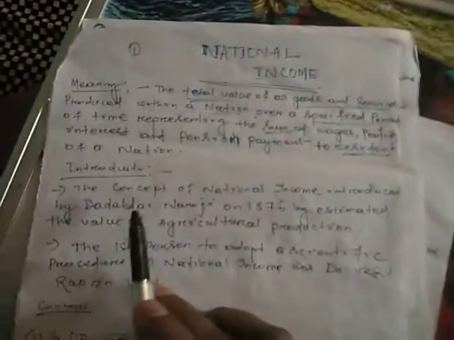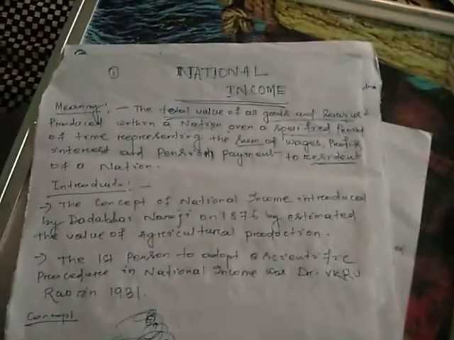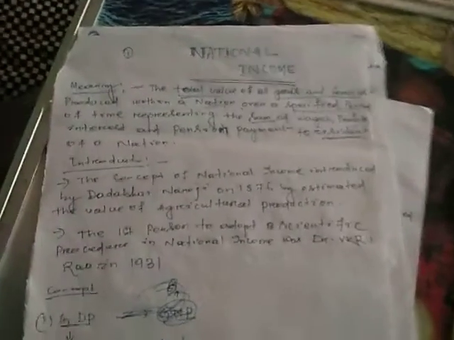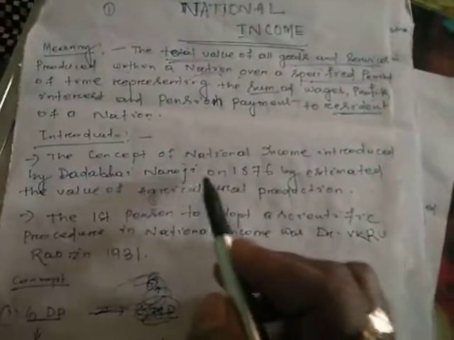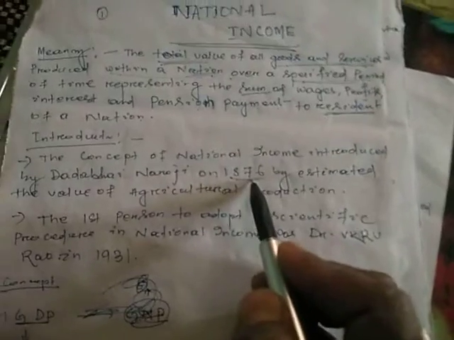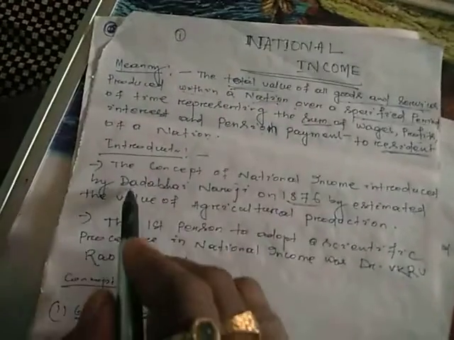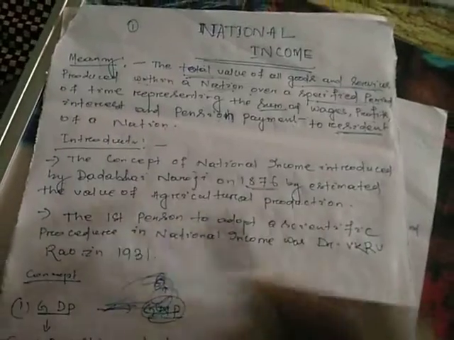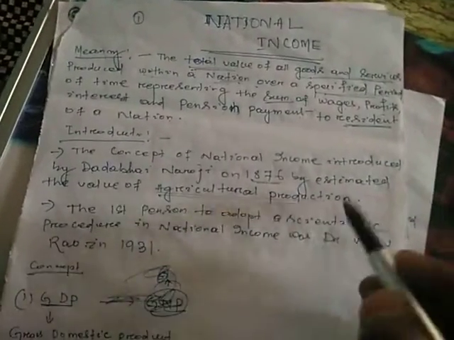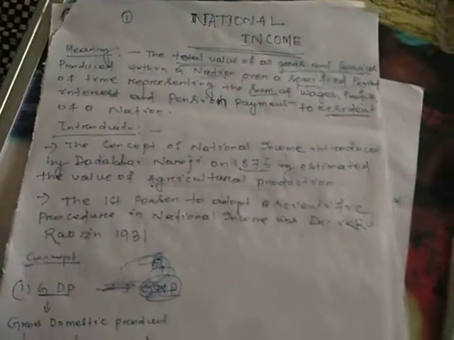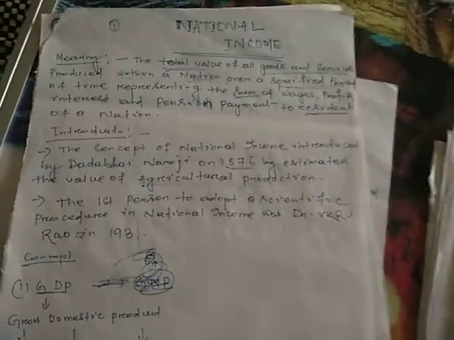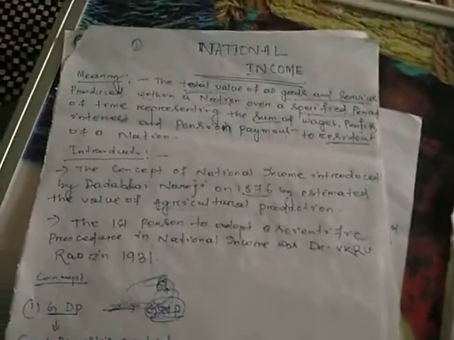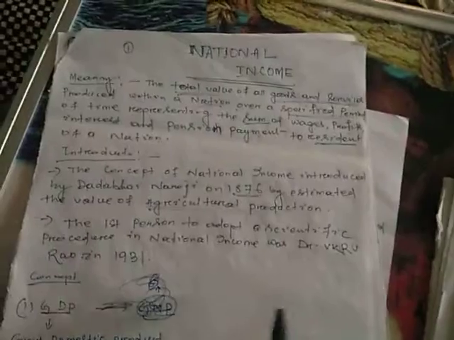This is the meaning. The concept of national income was introduced by Dadabhai Naoroji in 1876. Dadabhai Naoroji, the great person of India, estimated the value of agricultural production, because initially, as we know, our country depended upon agriculture, and 80% of people were also engaged in agricultural practices.